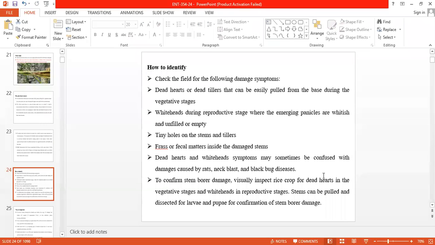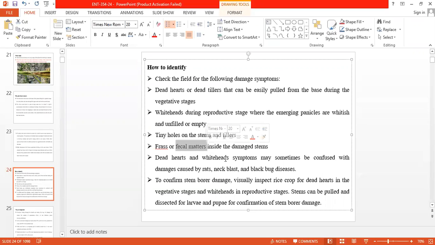White heads or white ears symptoms are also seen in the reproductive stage or panicle formation stage. Tiny holes are also seen on the stem as well as tillers. Frass or fecal matter means the excreta of the larva inside the damaged stem. So these are the signs of the infestation of yellow stem borer.